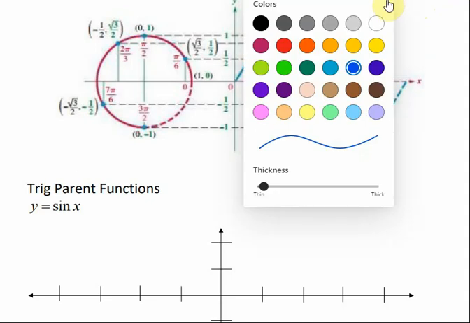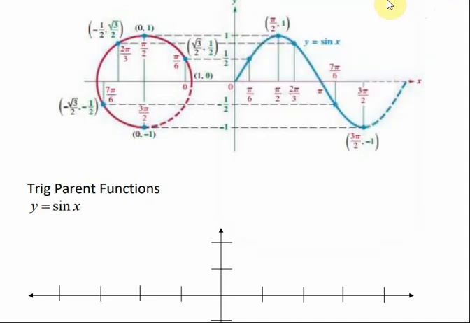Let me make this a little thicker. Okay, so the way that we do that is, first of all, if you'll remember, sine is y over r, and in the unit circle, our r, or our radius, is 1. So anything over 1 is just itself. So our sine values are going to be the y values from our unit circle.